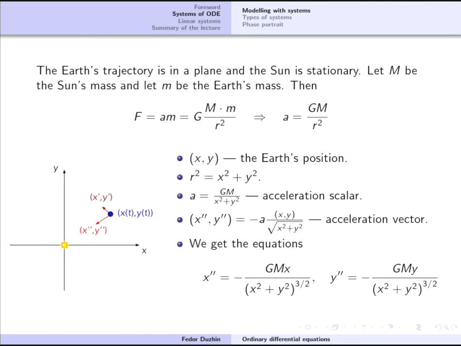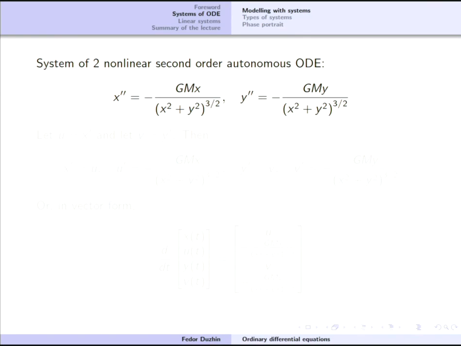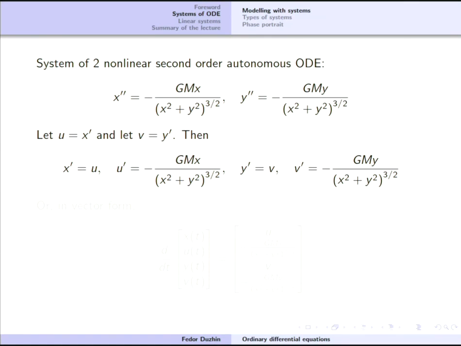So notice that this is a system of second-order differential equations. It is nonlinear. It is autonomous because the right-hand side does not include t. But let me do a very neat trick, right? I'm going to introduce two new variables. I'm going to write u equals x prime and v equals y prime.